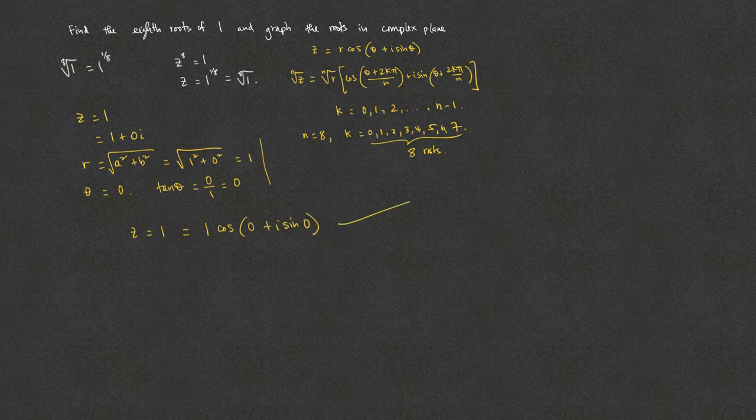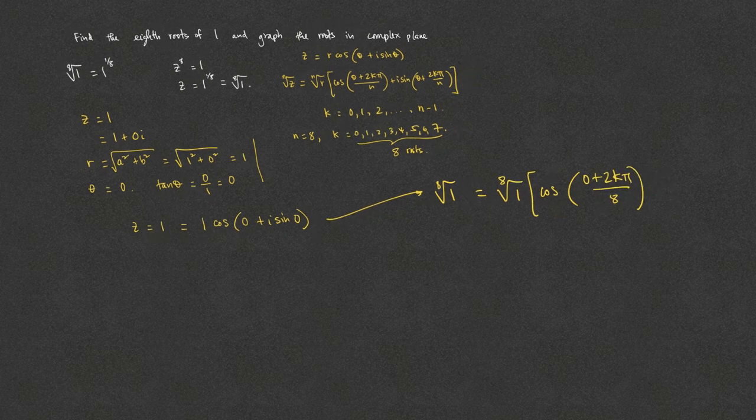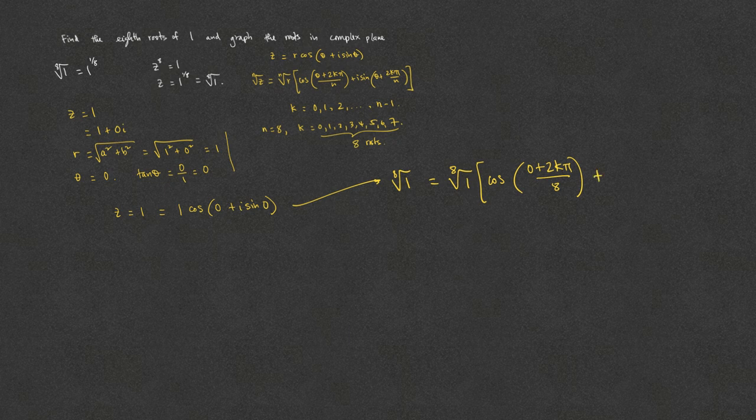For the general formula, we have the 8th root of 1 equals the 8th root of the modulus 1 times cosine of theta, which is 0, plus 2k pi over 8, plus i sine of 0 plus 2k pi over 8. Again, n is 8, and that 0 comes from the argument of z.